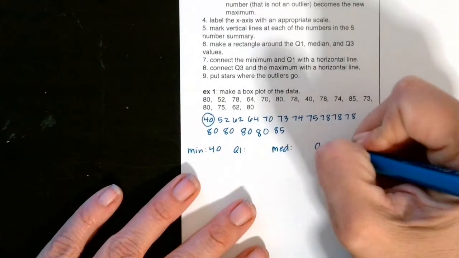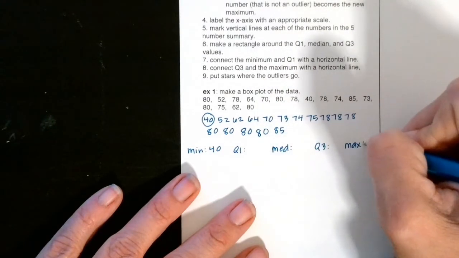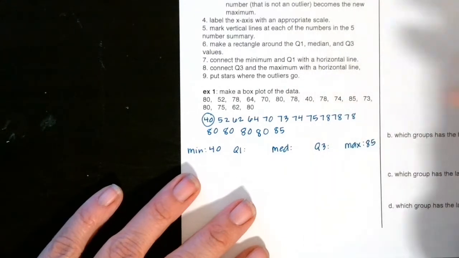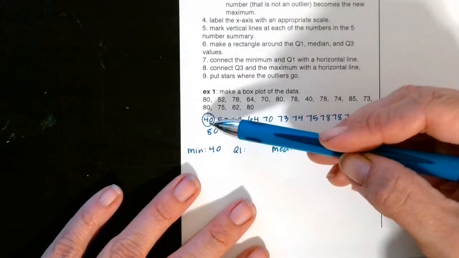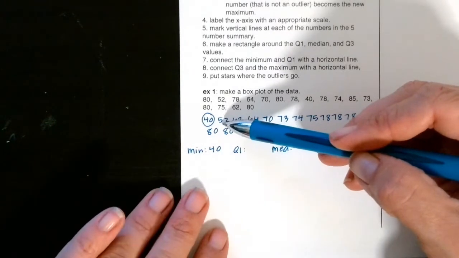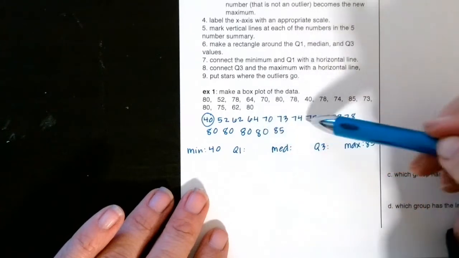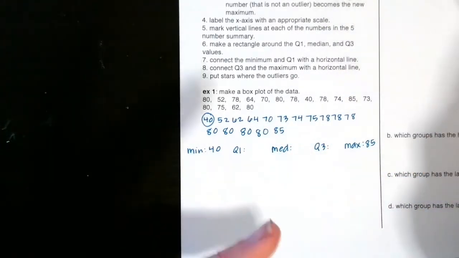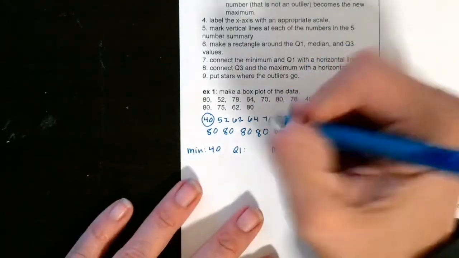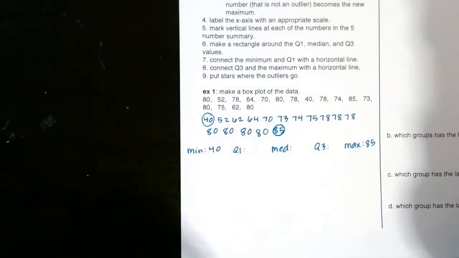And then I need Q3, and then the max is also easy, it's 85. So who knows if 40 is extreme enough to be a lower outlier. It's 12 away from the next number, but even that is further away from these other numbers, so that's why we have the formula. So before we can do that, we're going to go ahead and find the median.